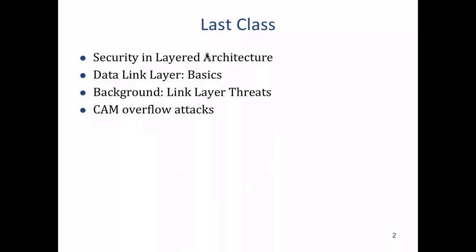Then we have seen that one kind of attack that's possible is because of the limited size of the switching table inside a switch. The table size is always fixed. The smaller the switch, the smaller the table size. A larger enterprise switch may have a bigger switching table.